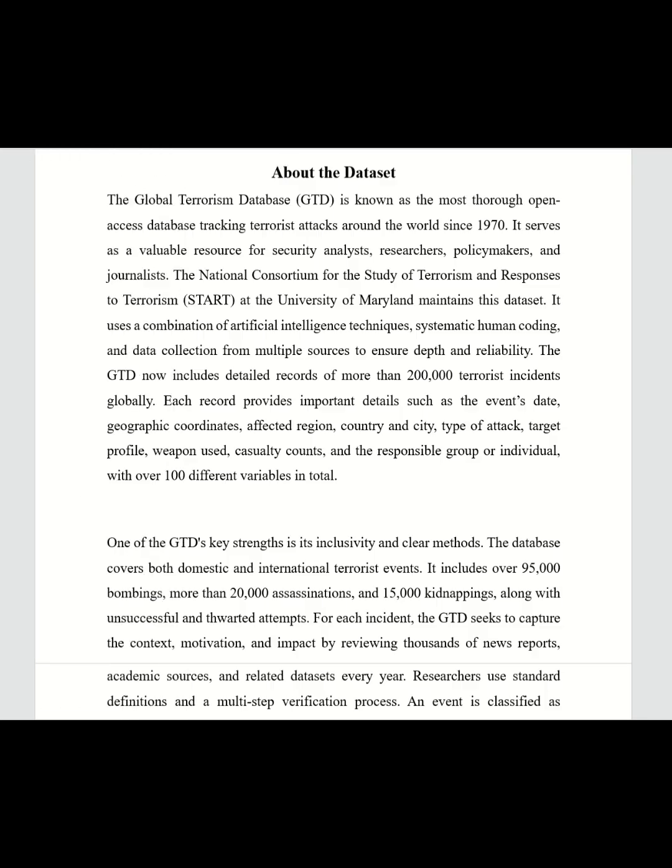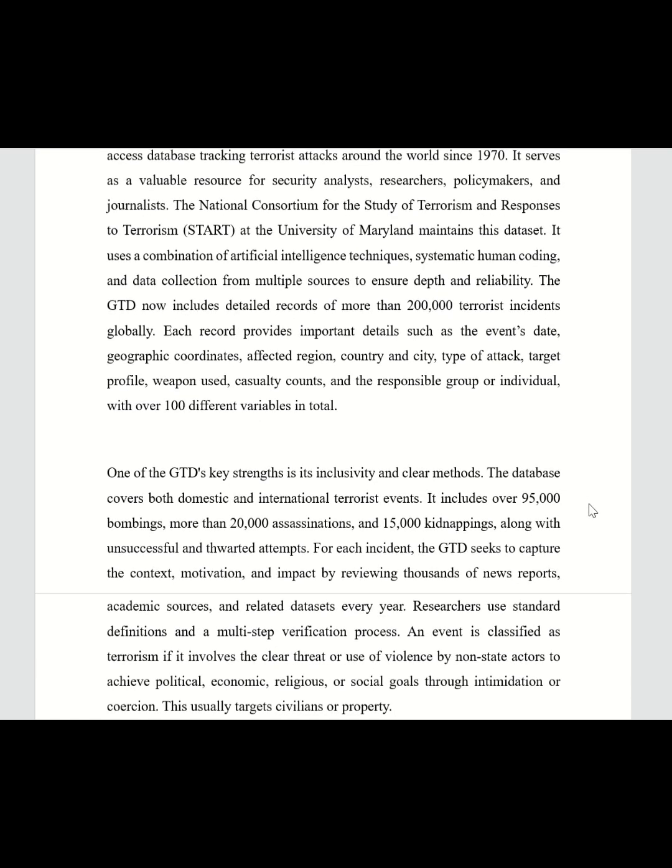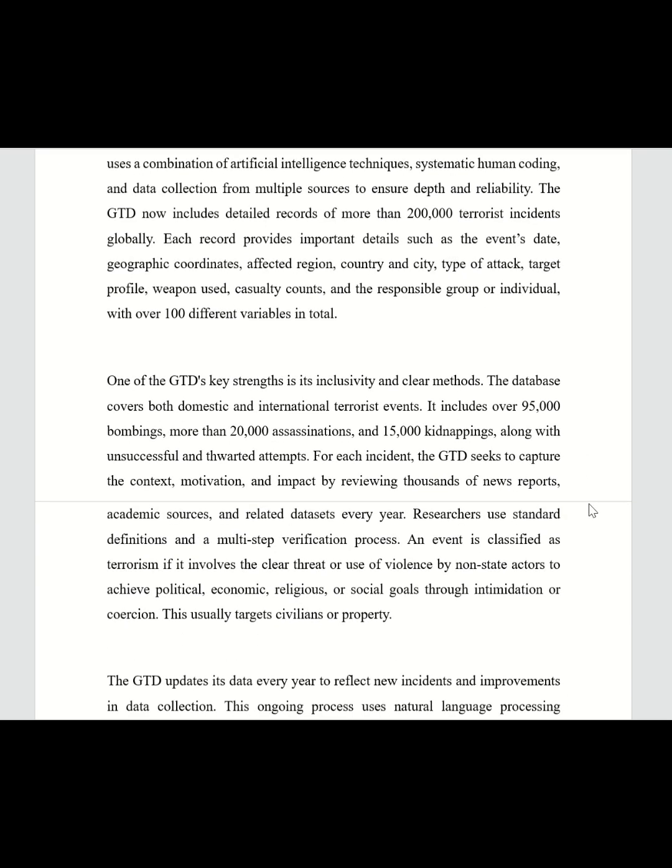For this project, I have used the Global Terrorism Database because it is the world's largest open dataset on terrorist attacks, covering incidents since 1970 with over 2 lakh records. It is maintained by the University of Maryland's START Center and collects information like date, location, type of attack, targets, weapons, casualties, and responsible groups.